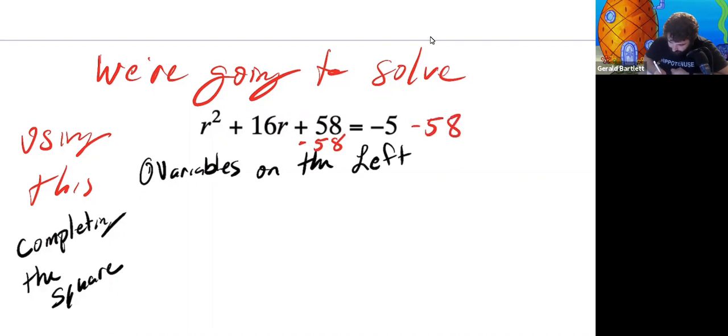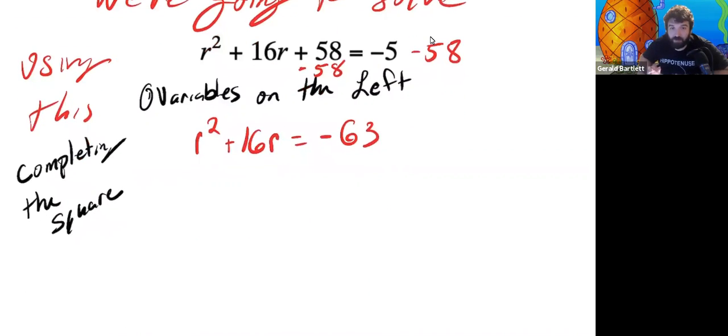And that's going to leave us with r squared plus 16r equals -5 minus 58 takes us to -63. Cool. Don't worry about anything being perfect quite yet. Stuff's going to just work out. You got to trust me a little bit on this. So don't think, especially after the first step, don't think you made a mistake.